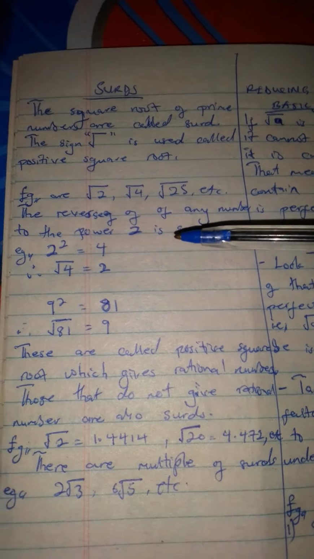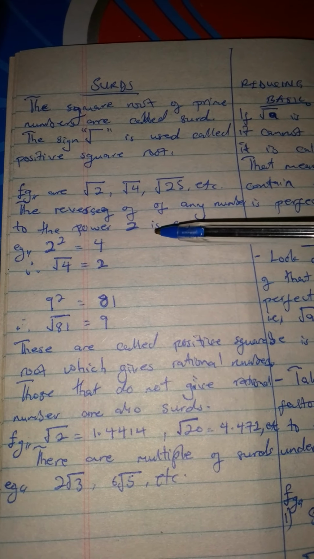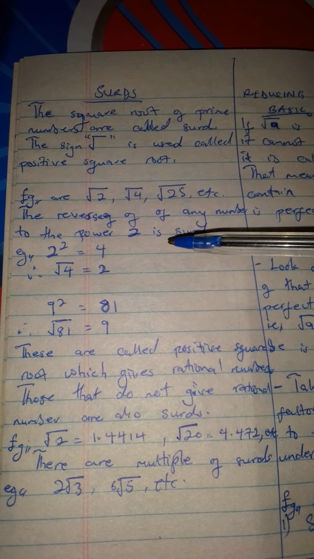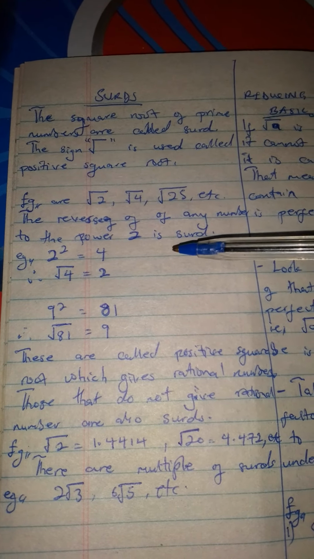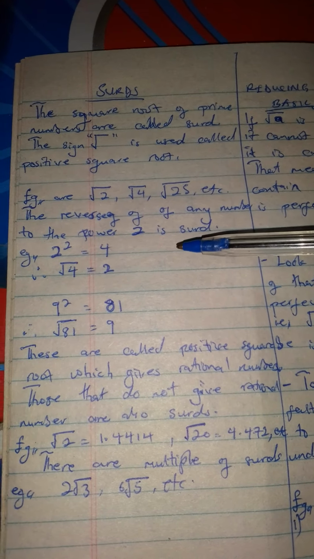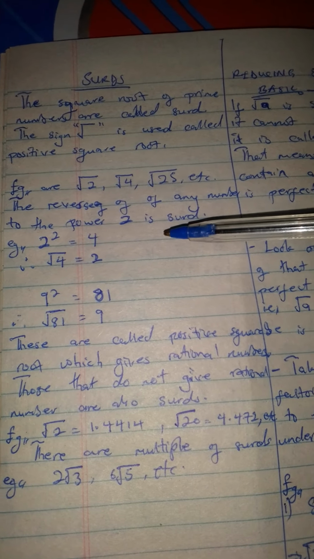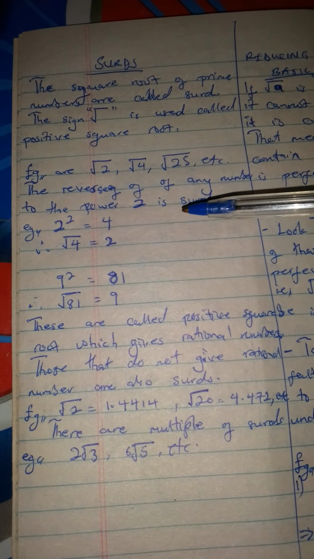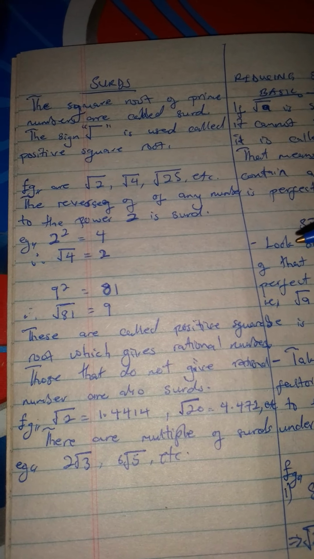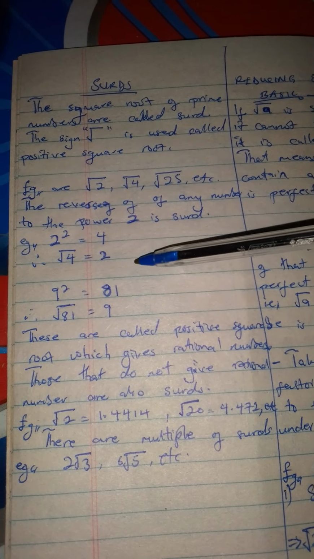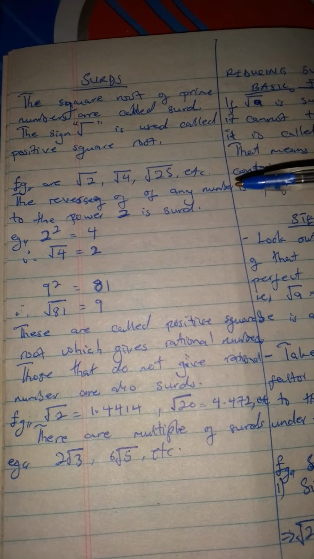Note that the reverse of any number to the power 2 is a surd. That is, any number raised to the power 2, if you want to reverse it, then we get a surd. Here we say 2 raised to the power 2 is equal to 4.